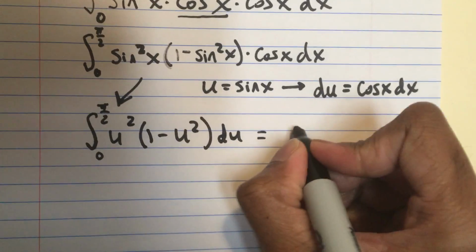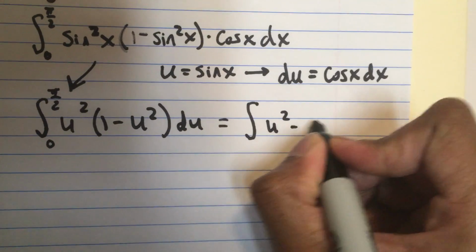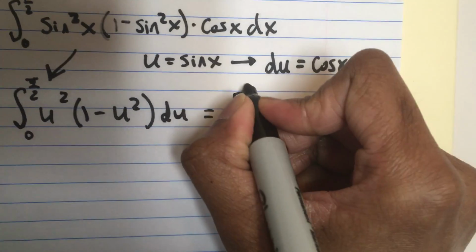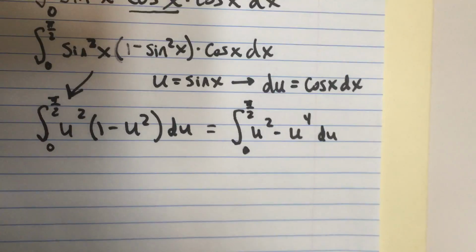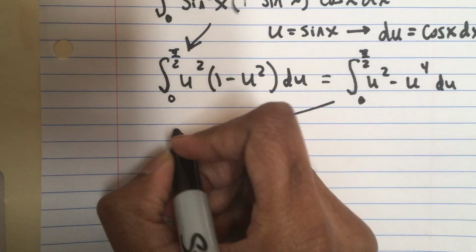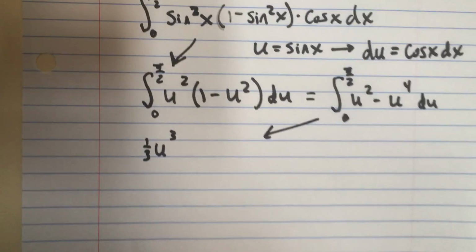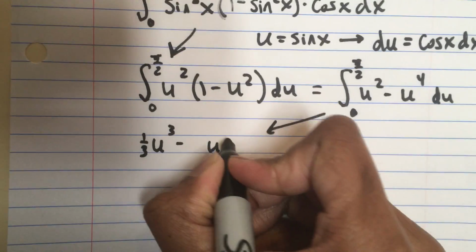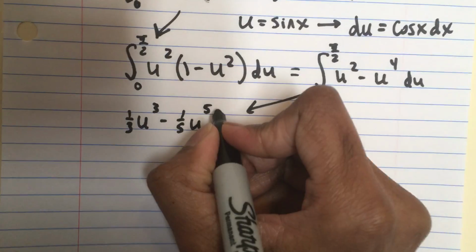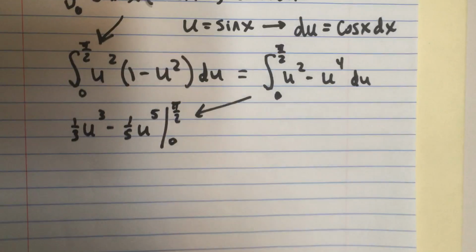This is going to equal the integral of u squared minus u to the fourth du from 0 to pi halves. Now what I'm going to get is u cubed times 1/3 minus u to the fifth times 1/5 from 0 to pi halves.